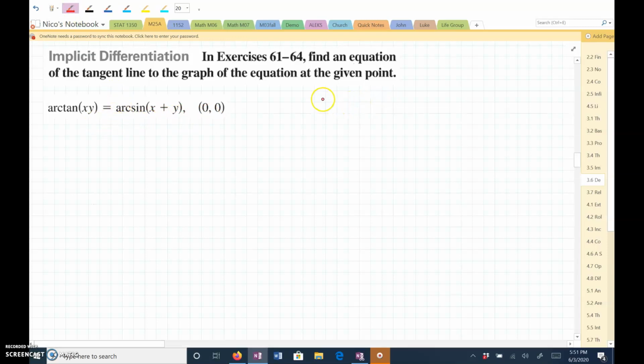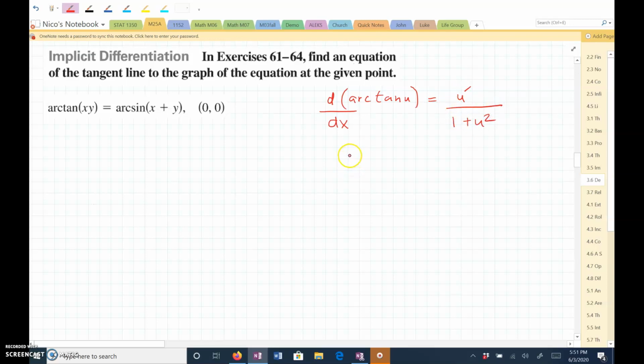So we need to take the derivative of arctangent of u with respect to x, which we know is u prime all over 1 plus u squared.